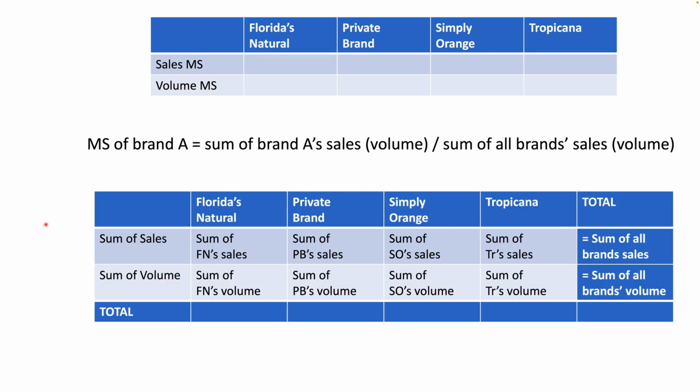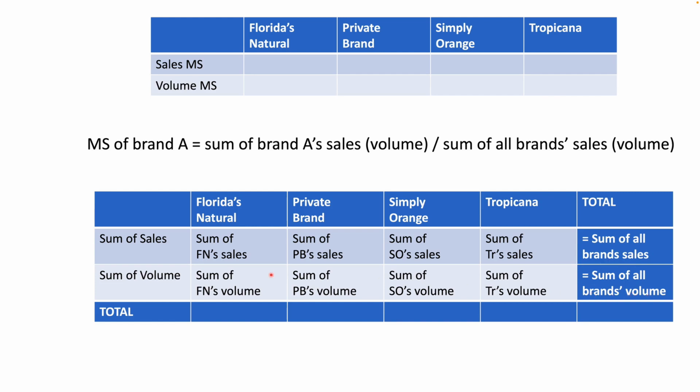Let's think about this table. In this table, the row has sum of each brand sales value and each brand volume value. When we compute each row's sum, then in the total column, we have the sum of all brand sales and sum of all brand volume.